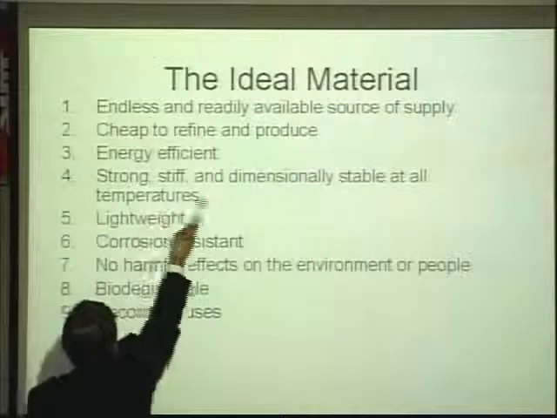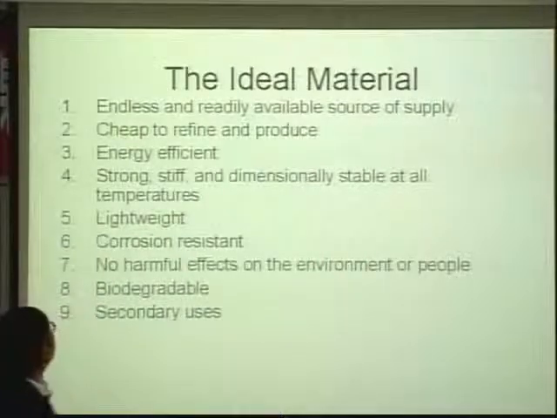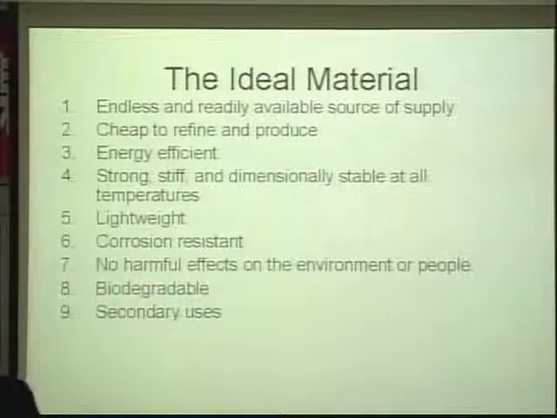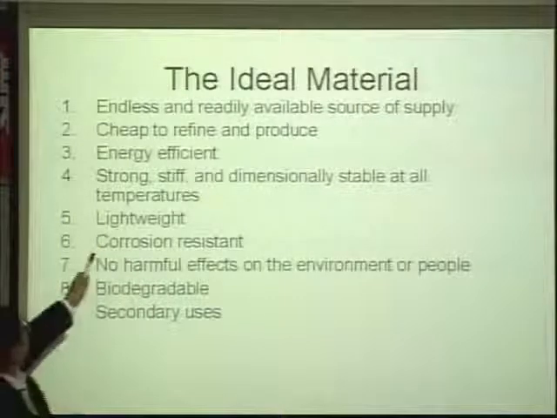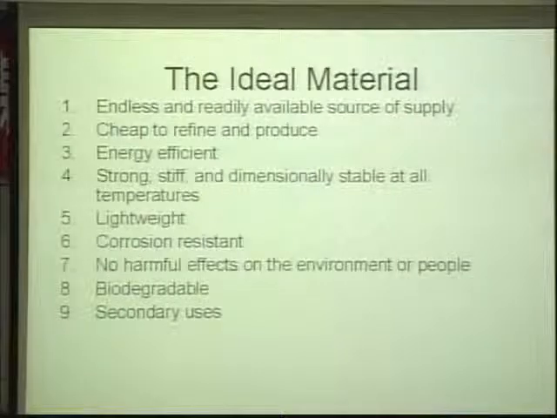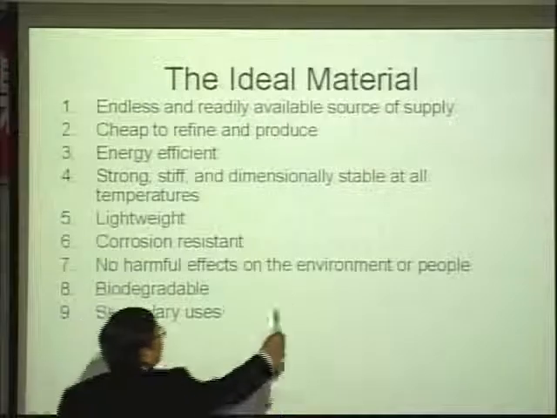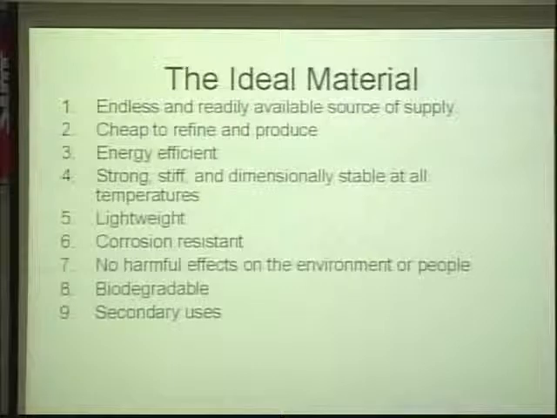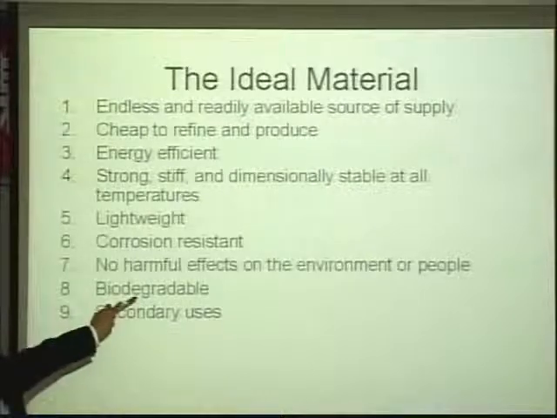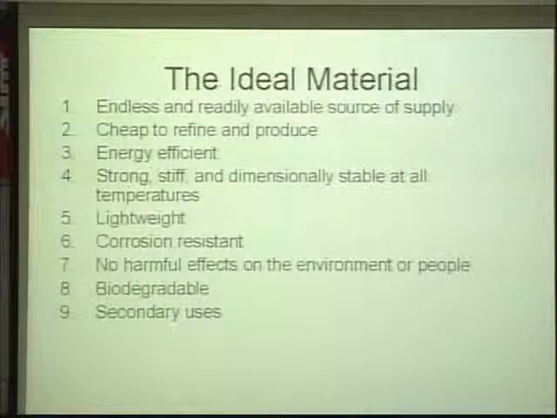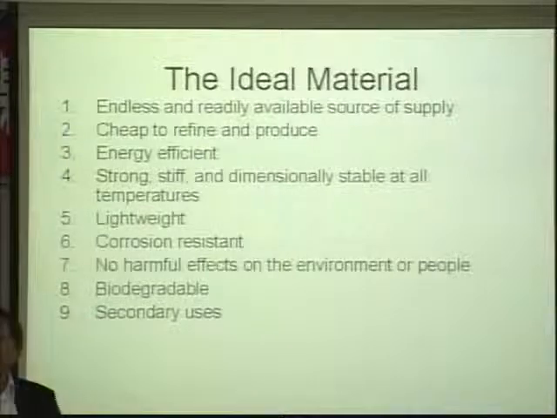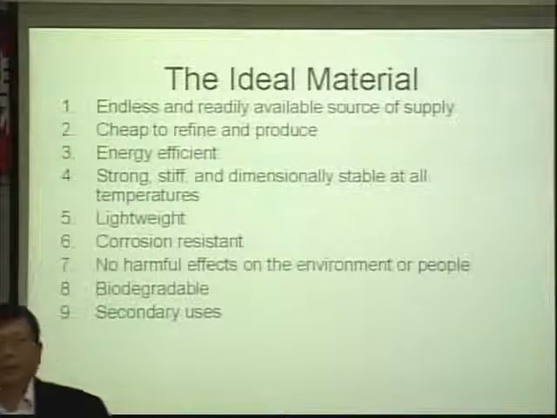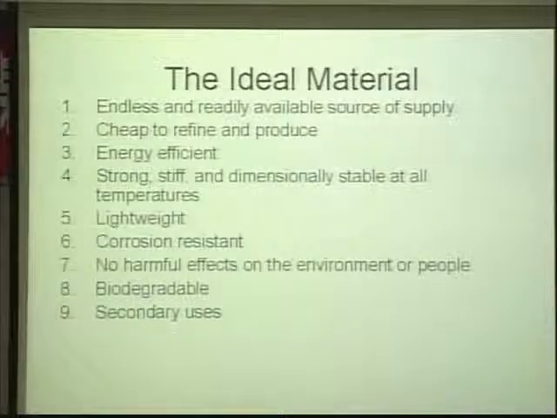It is strong, stiff, dimensionally stable, and lightweight. It has good corrosion resistance and is environmentally friendly, very important. Biodegradable. And you can use it again and again. Those are the ideal things people have been looking for. But nothing is like that.